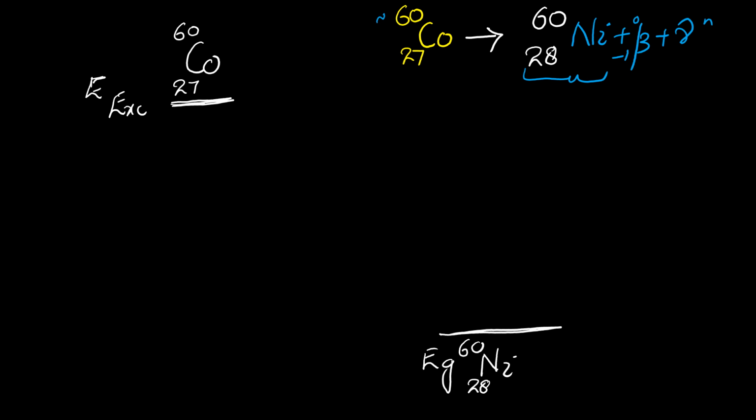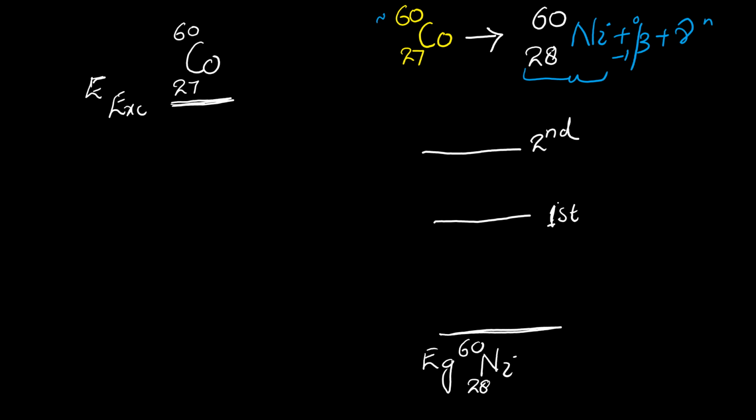Before reaching the ground state, there are two excited states of the nickel nuclei. This one is known as the first energy state, and this one is the second energy state for a nickel nuclei.